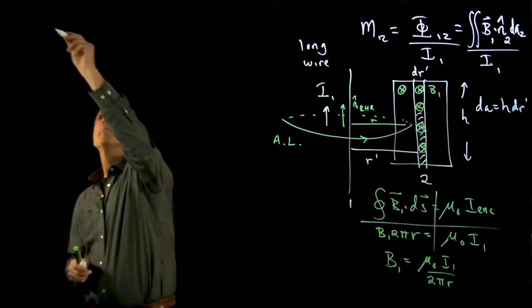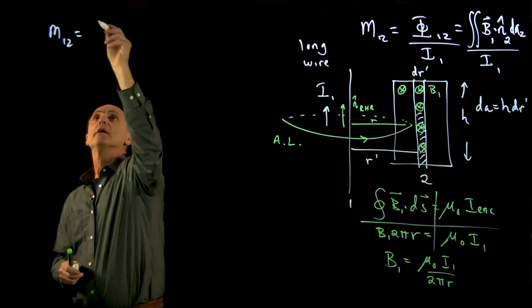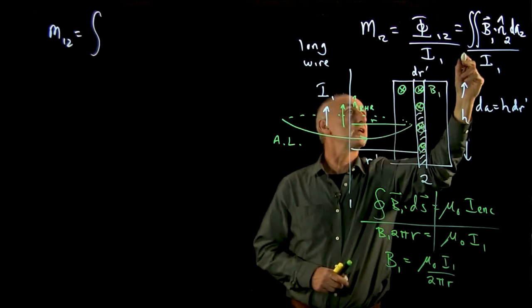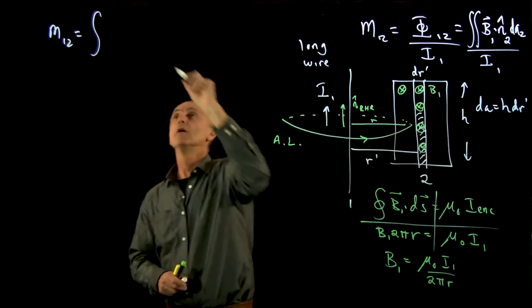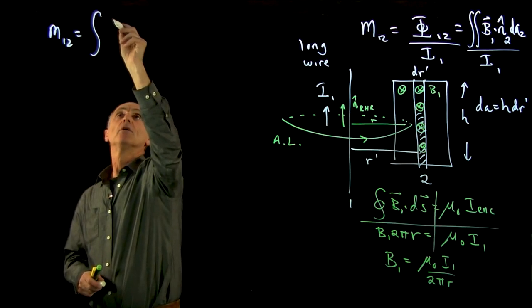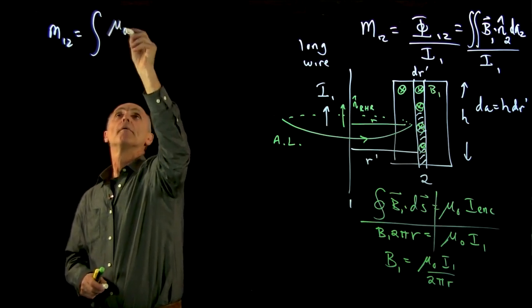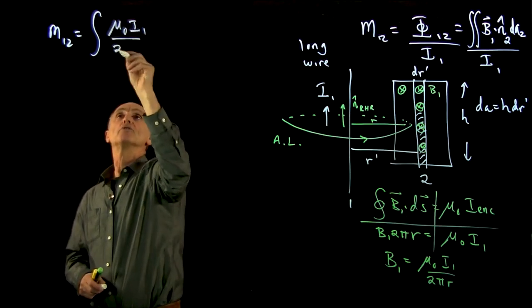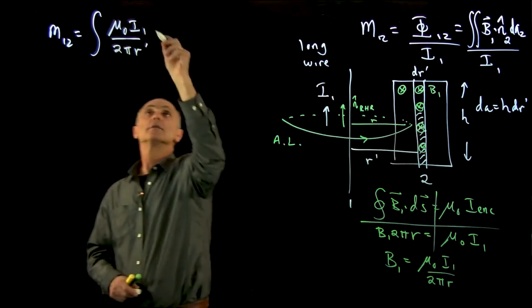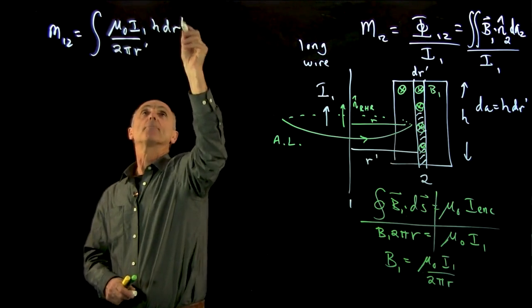And so my mutual inductance is now just integrating. Remember, this is an integral over this object. We'll put the limits in a moment. It's the B field, which is mu naught I1 over 2 pi r prime, that's my integration variable, times h times dr prime.